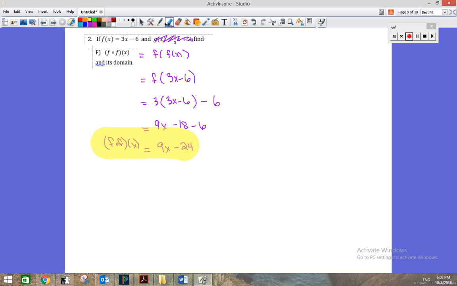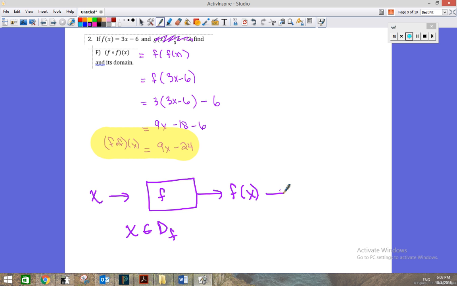Let's find the domain of this f composed with itself. Two things have to be true. The input has to be in the domain of f, and the output of f has to be in the domain of f, because we're repeating the function over here. This assembly line, these two machines, these two processes are identical. This f of x has to be in the domain of f.